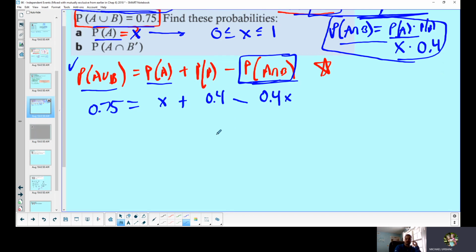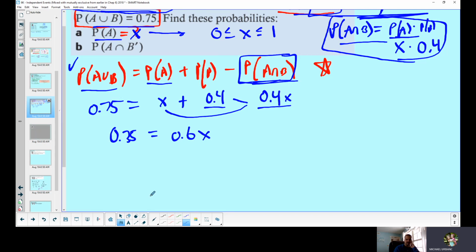And now this just turned into a pretty simple algebra problem. You've got X and negative 0.4x, which are like terms, so we know that's 0.6x. And if I subtract 0.4 from both sides, gives you 0.35 is equal to that.